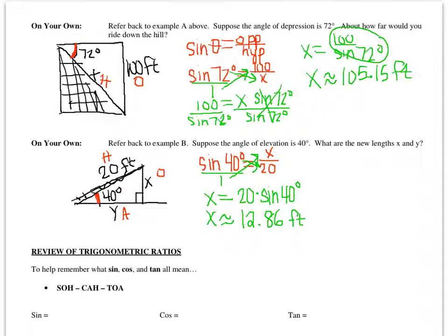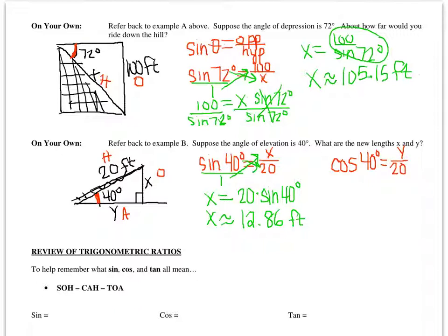Let's try the other problem. Let's find our y. So if I want to find y, y is my adjacent side, and I'm also going to use hypotenuse. So cosine uses adjacent over hypotenuse. So let's set up a cosine problem. So we'll say the cosine of 40 degrees equals adjacent, which is y, over hypotenuse, which is 20.